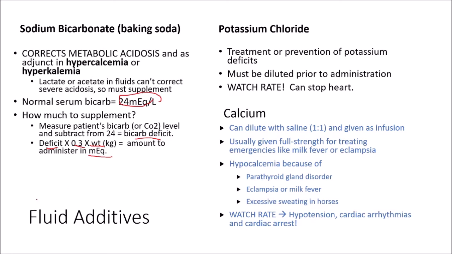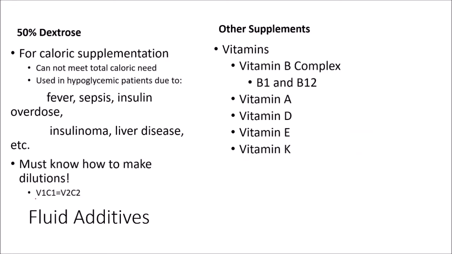In order to make a dilution of dextrose, you need to know how to do the calculation. The calculation is the volume of the first fluid times the concentration of the first fluid is equal to the volume of the second fluid times the concentration of the second fluid.